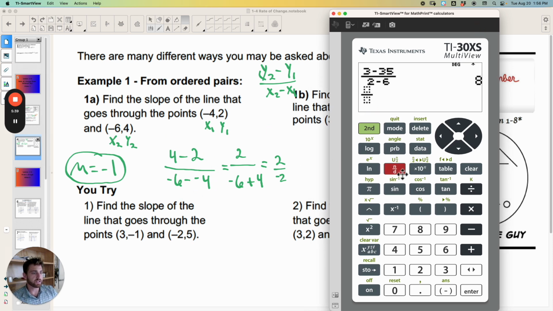So you can use the N over D symbol. So we'll do that first. 4 minus 2 over -6 minus a -4. Hit enter, and that's -1, just like we got.